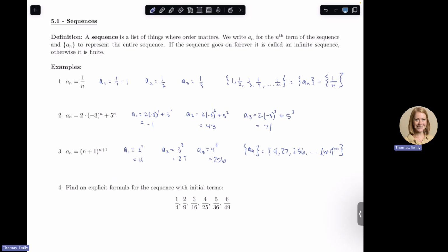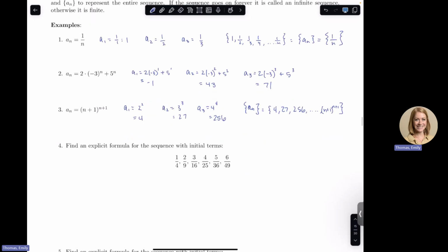Okay, we're going to find an explicit formula for the sequence with these initial terms: 1/4, 2/9, 3/16, 4/25, 5/36, 6/49. So we got n plus 1 squared.